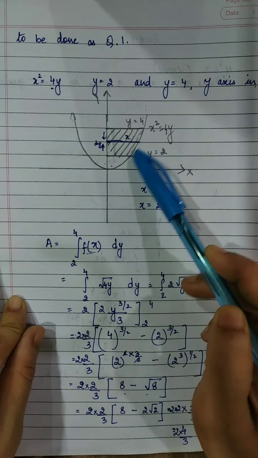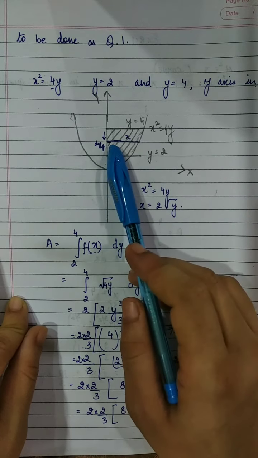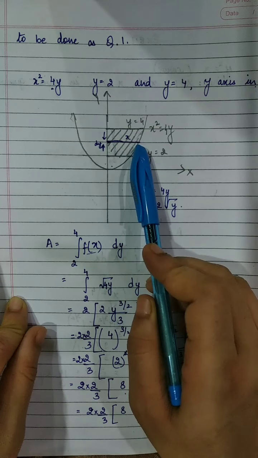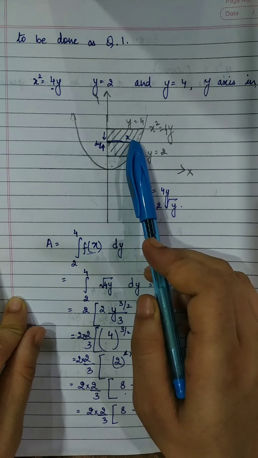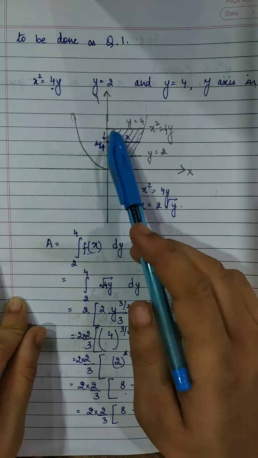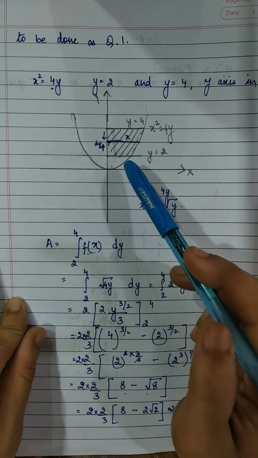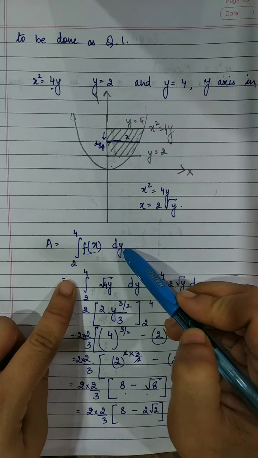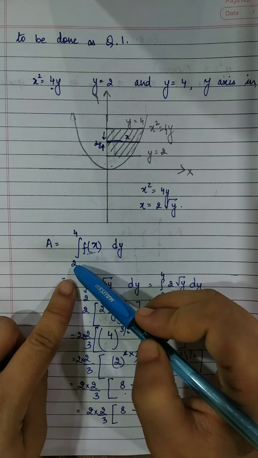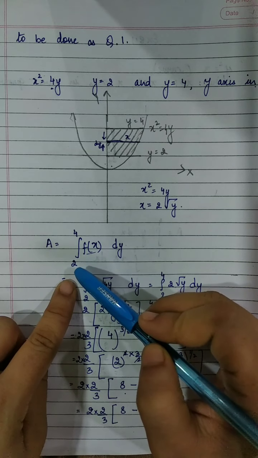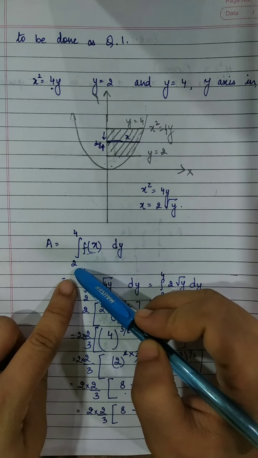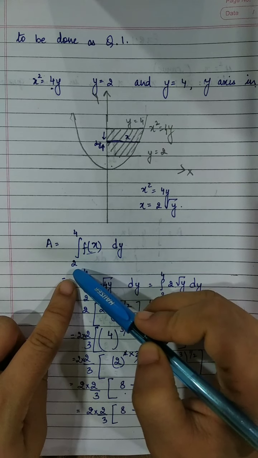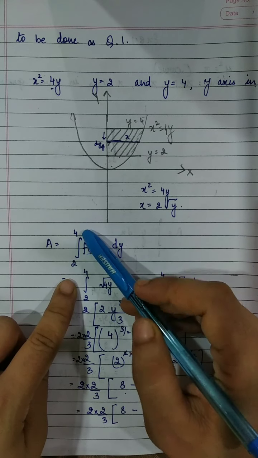So this is a bounded region. Now what I can do is simply take this strip, right? Consider this parallel to the x-axis, so the length would be x and the breadth would be dy. Remember these limits, since we are taking the width along y, or we are integrating with respect to dy, we have to take the y coordinates, not the x coordinates, right?